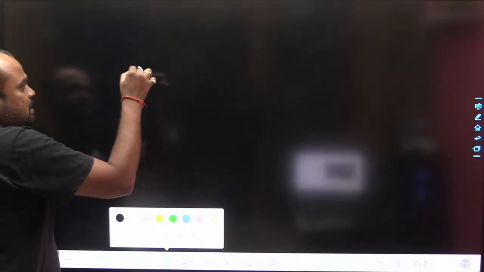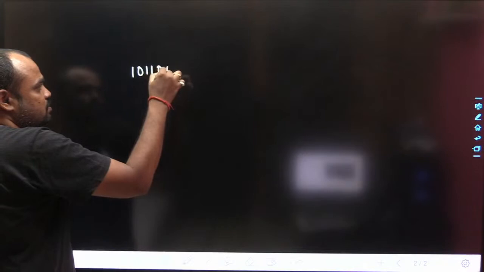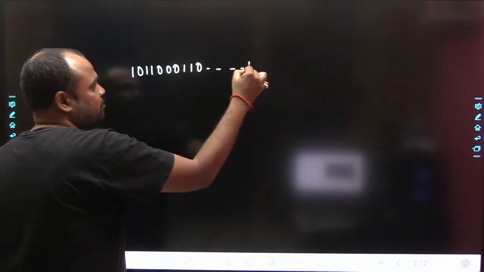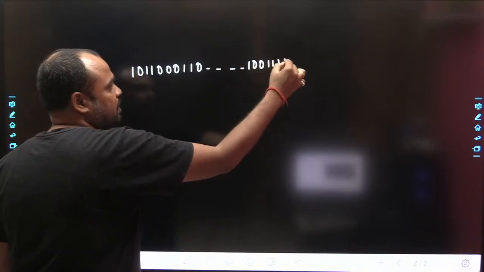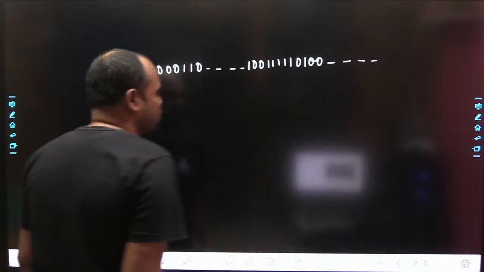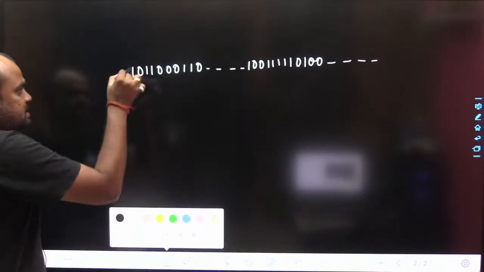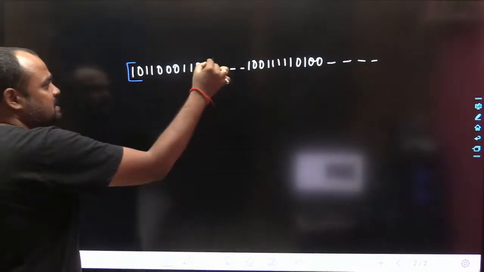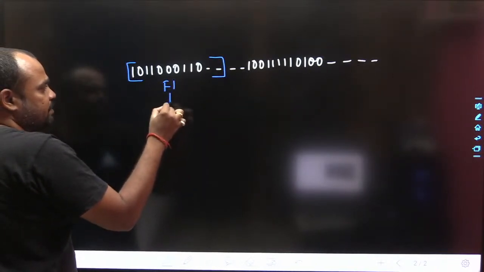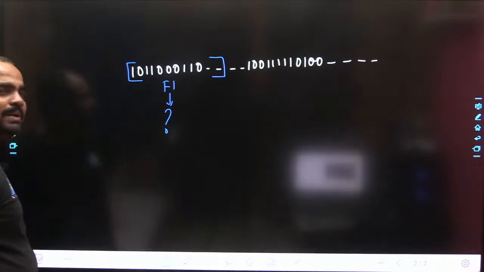What I am trying to say, please try to understand. Suppose these are the sequence of bits 0 0 0 1 1 0 and so on. Again 1 0 0 1 1 1 1 1 0 1 0 0 and so on. So up to which number of bits is representing the first frame? How can you identify?